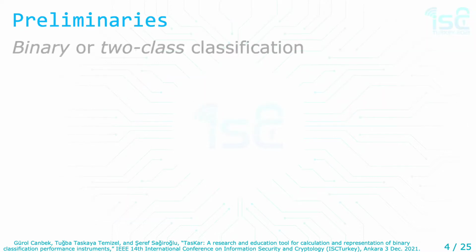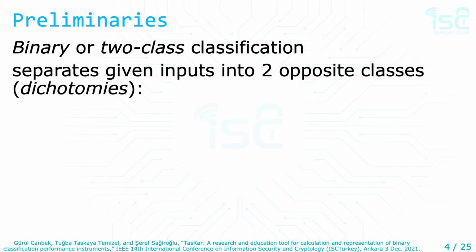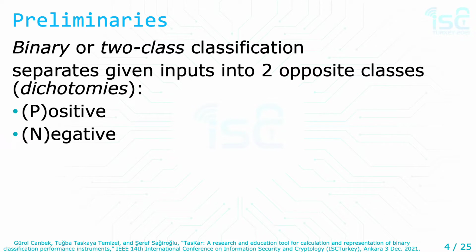As an introduction to the topic, as you know, binary or two-class classification separates given inputs or examples into two opposite classes, dichotomies, which are generally called positive and negative.